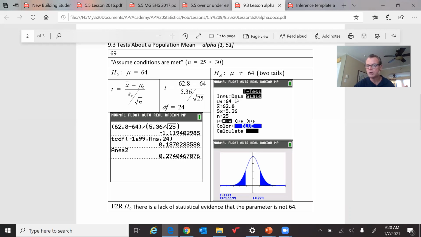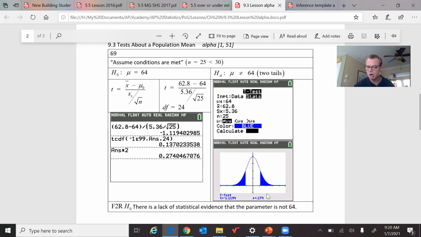Now, the issue is, when you go to the t-test, the input is data, meaning if you use a list, or the summary statistics, which is how we did this. So I put in those numbers, I pick a two-tailed test, and I get the same p-value, 0.27, without having to double it. Okay?